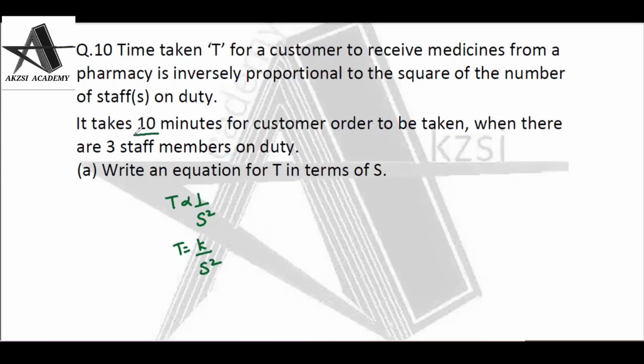Here they have given T as 10 and the staff members as 3. So 3 squared. From here K is equal to what? K by 9 and K is finally 90. If K is 90, that means my final equation is T is equal to 90 by S squared. So this is our final equation of T in terms of S.